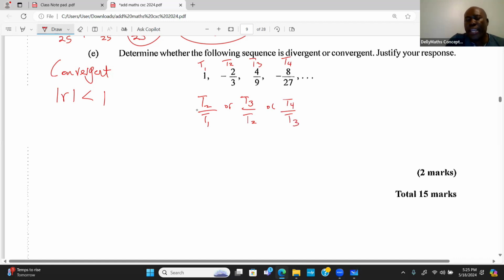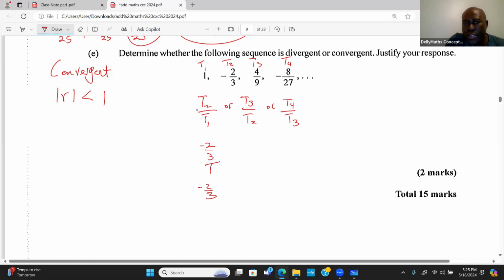So any two consecutive terms where the latter comes at the top will show you the ratio. For example, negative 2/3 divided by 1 gives negative 2/3.